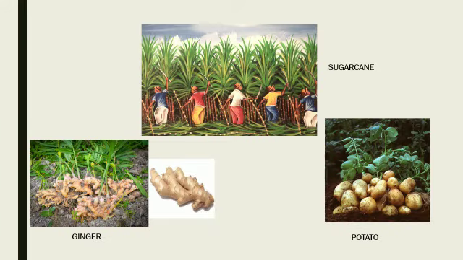Sometimes the food prepared by the plants is stored in the stem. For example, sugarcane, ginger, potato. We eat these stems. Ginger and potato are also called as underground stems because they grow under the ground.